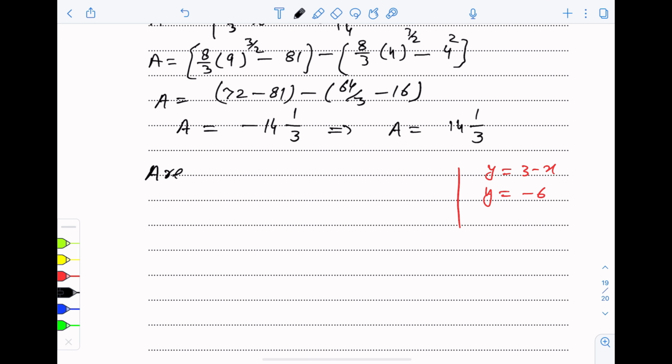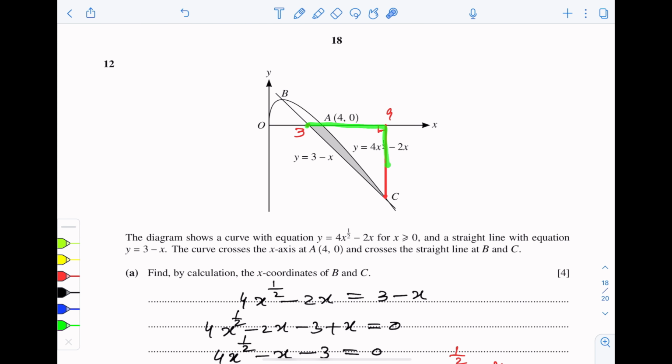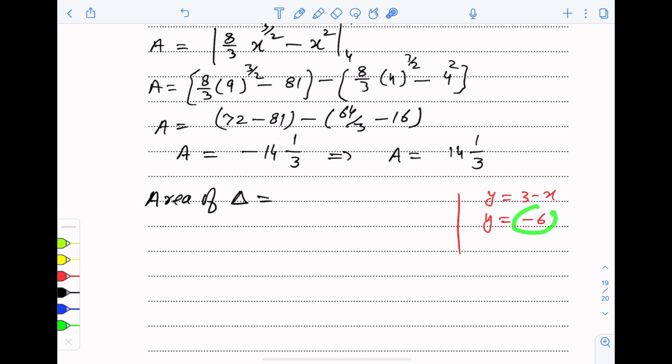Area of triangle, this is a right angle triangle. इसका एरिया आएगा 1 over 2 बेस इंटू हाइट. ये हमने 6 फाइंड कर लिया है. तो 1 over 2 base, sorry, base is 3 to 9, this is base is 6, height is also 6. ये अभी हमने फाइंड किया है. but we will neglect this negative sign.